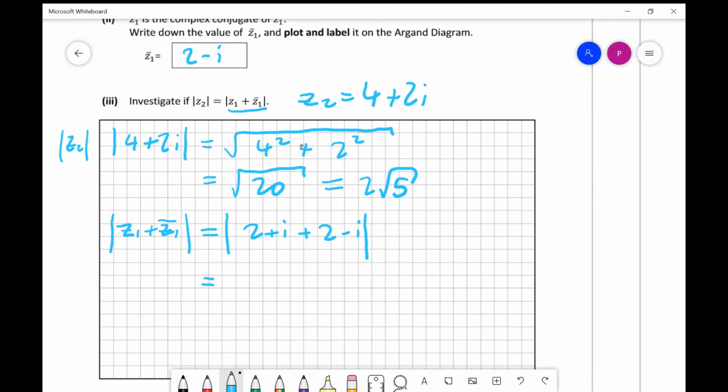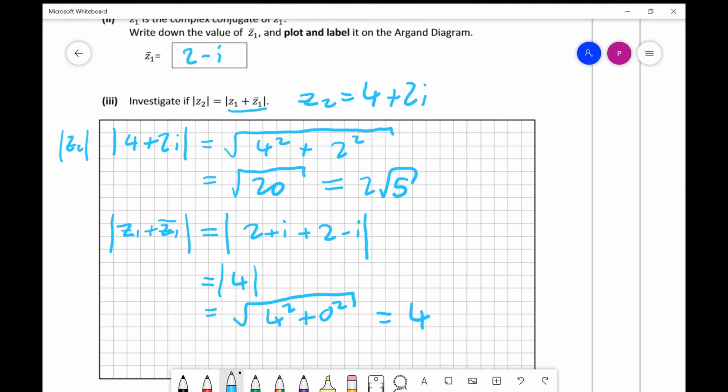So that is equal to, well, 2 plus 2 is 4, and i take away i disappears, it's gone, so it's just the modulus of 4, which in this case is the square root of 4 squared, and the imaginary bit, there is no imaginary bit, so it's just going to be 0 squared. And that's just going to come out as 4 as our answer.